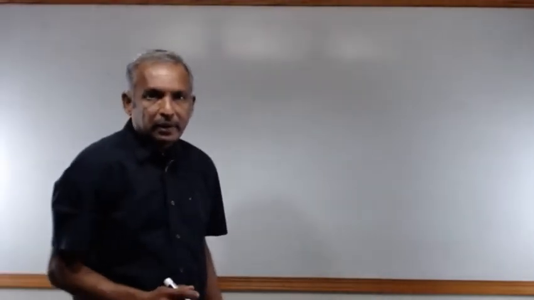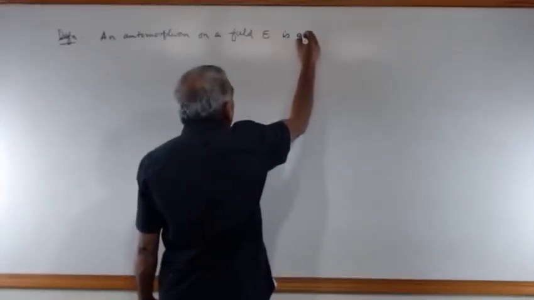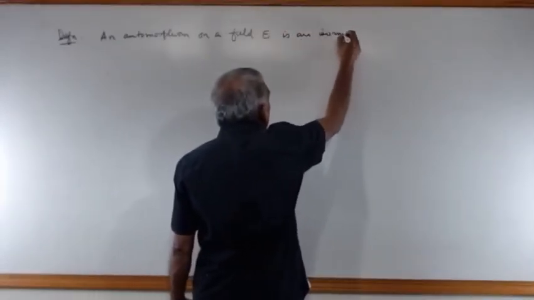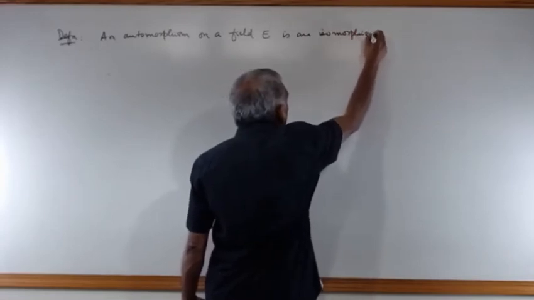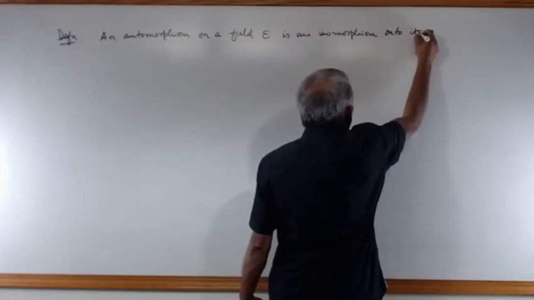Now we will do some definitions on automorphisms. An automorphism on a field E is an isomorphism onto itself.